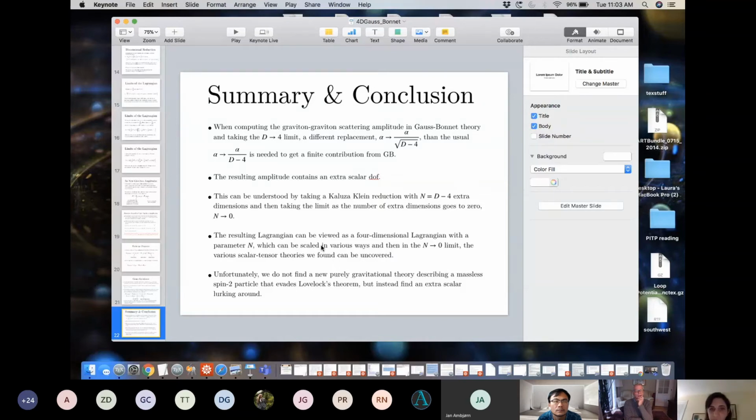And so if you just scale alpha in different ways, then you'll get all the various scalar tensor theories that we were finding. Unfortunately, we do not find a new purely gravitational theory describing a massless spin 2 particle that evades Lovelock's theorem, but instead just find an extra scalar degree of freedom lurking around.